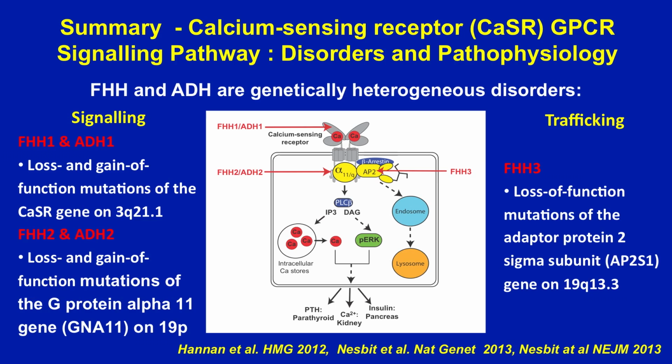Further down the signaling pathway with G-alpha-11, loss and gain of function mutations give rise to FHH2 and ADH2. And here we're now looking at trafficking mechanisms with adaptor protein 2, where mutations in the sigma subunit give rise to FHH3.